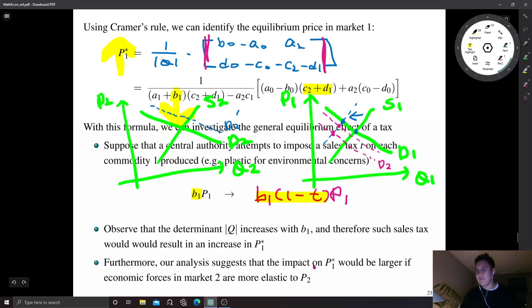So if you wonder why we do comparative statics in economics, we can find exact causality between two variables. Just as in this example, we can see the relationship between the sales tax, the equilibrium price, and the price elasticity.